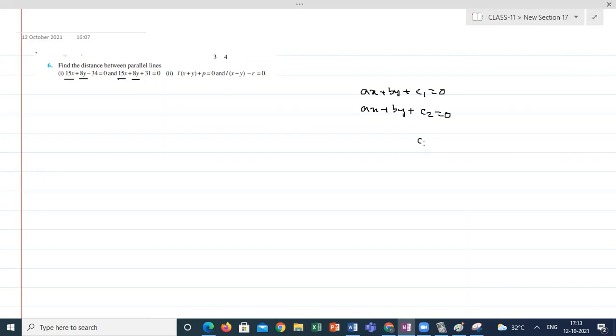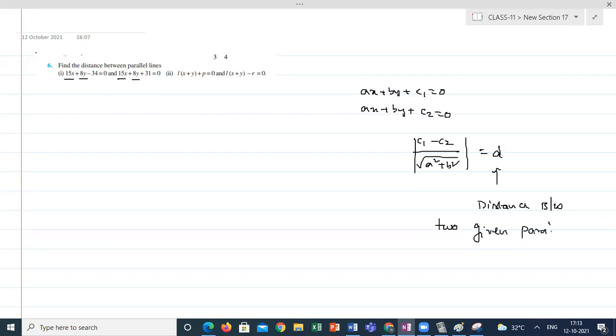The distance between them is modulus of C1 minus C2 divided by square root of A square plus B square, and that is your d. This is the distance between parallel lines. Please solve the distance between two given parallel lines.